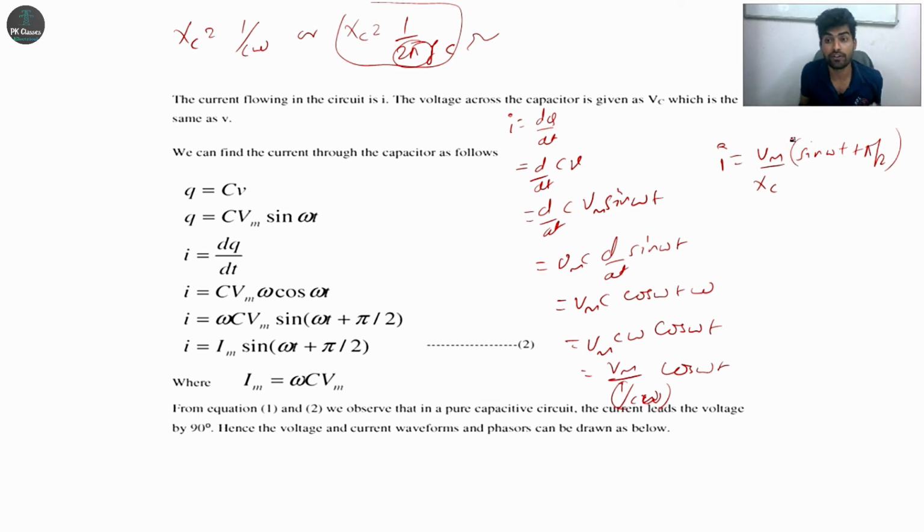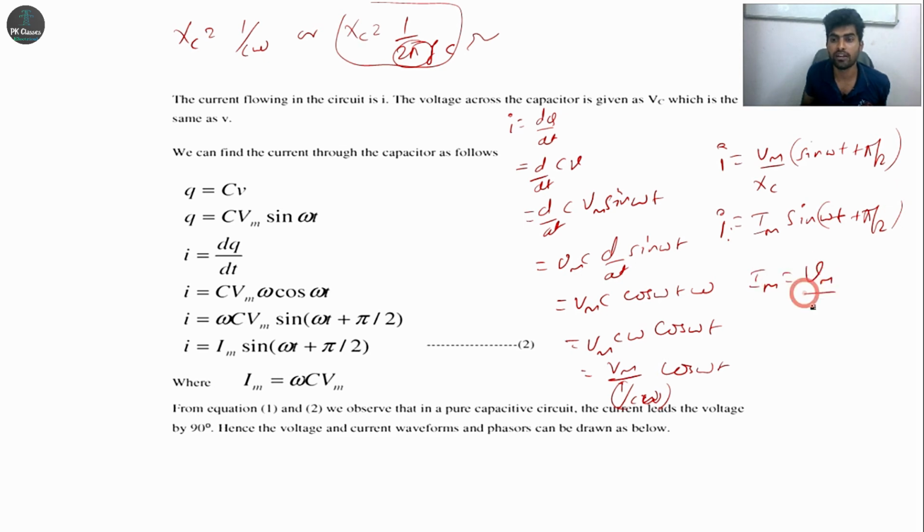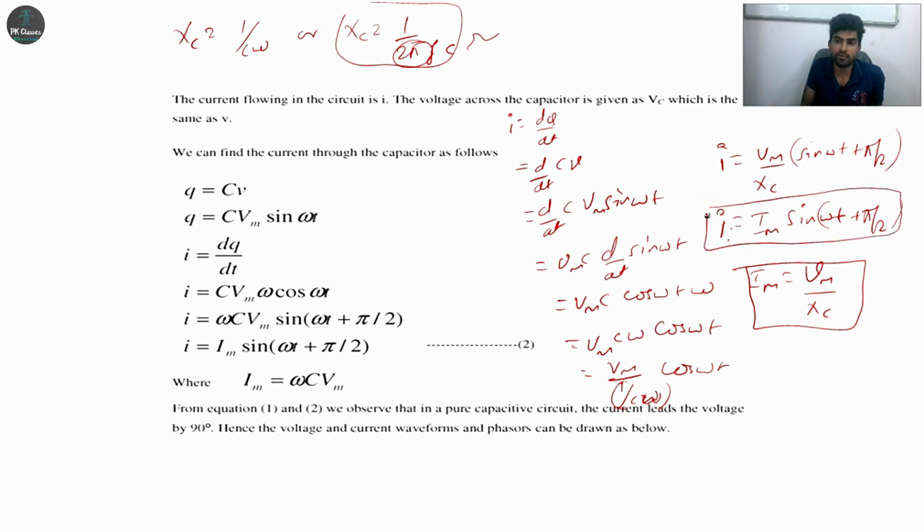If it is minus cos omega t, it is sin(omega t minus pi by 2); keep that in mind. So I is equal to Im sin(omega t plus pi by 2), where Im is equal to Vm by XC. So we got the current equation as Im sin(omega t plus pi by 2).